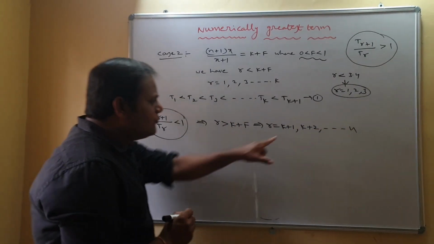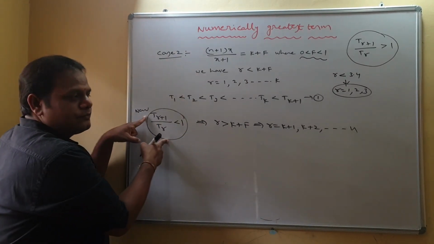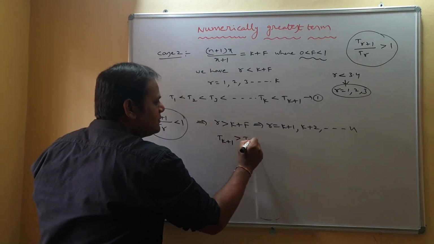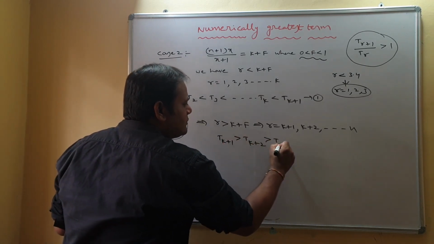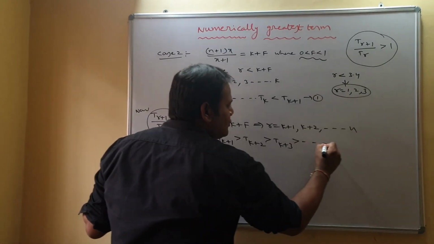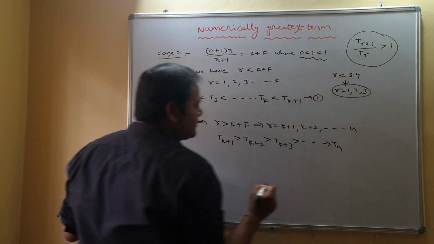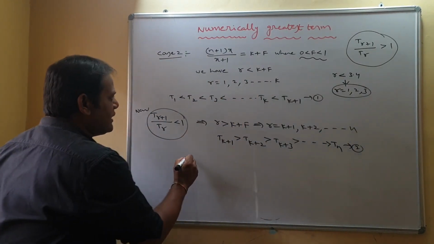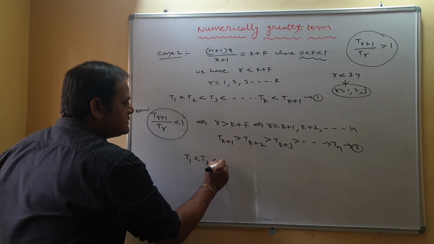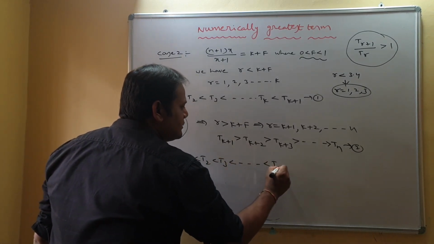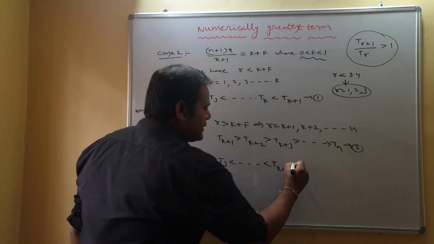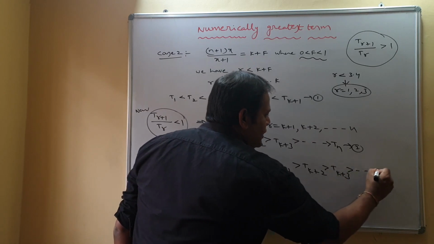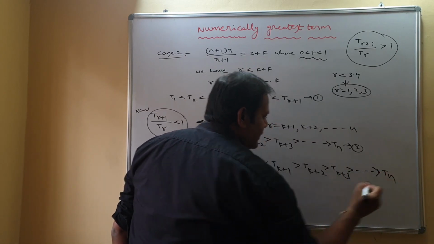Now if you put these values in this, then you can get Tk plus 1 greater than Tk plus 2 greater than Tk plus 3 greater than so on greater than Tn. Is it? So if you club these two, then we can get T1 less than T2 less than T3 less than so on less than Tk plus 1 greater than Tk plus 2 greater than Tk plus 3 so on greater than Tn.